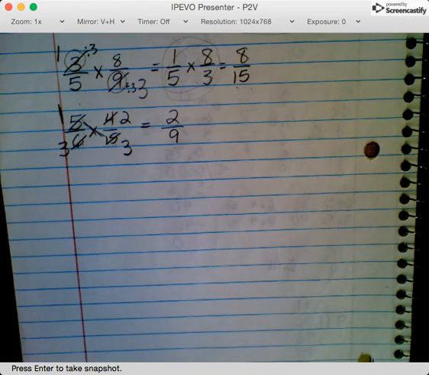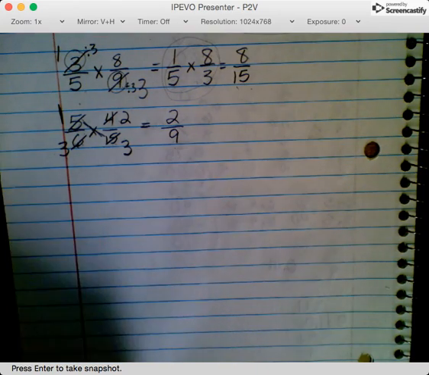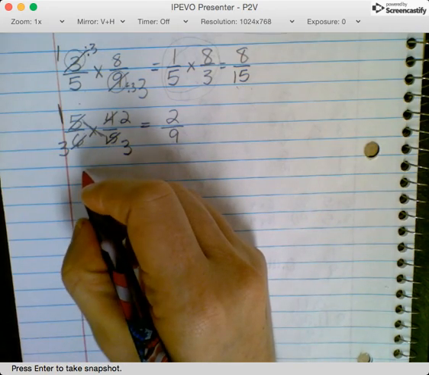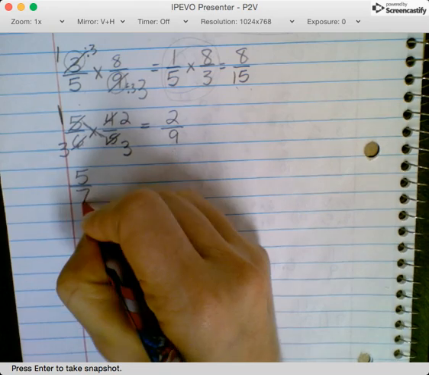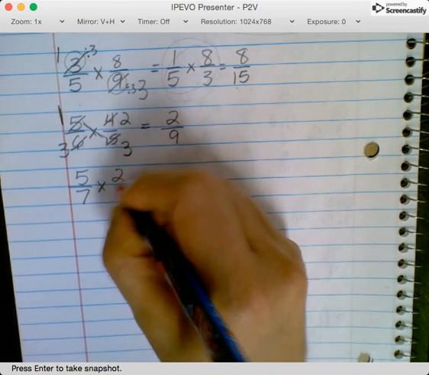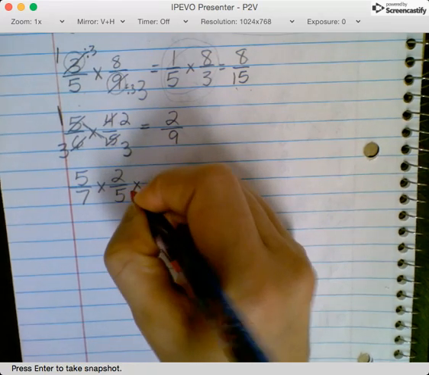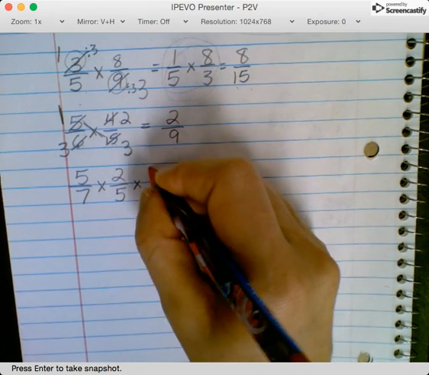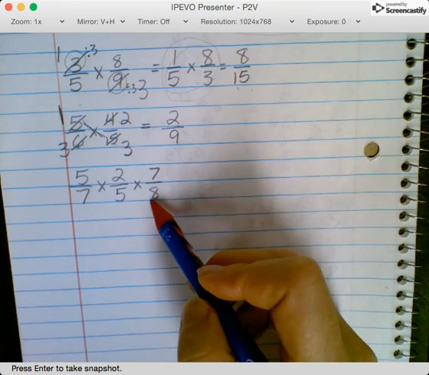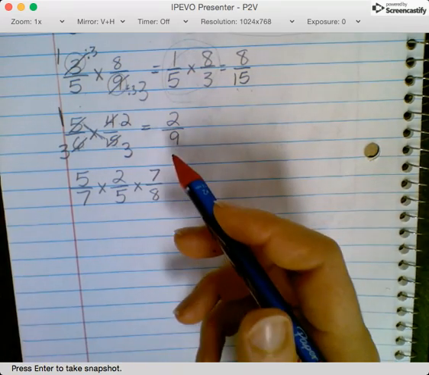Okay, and let me show you one where I have more than one factor to multiply, and then I think that should pretty much cover it. 5/7 times 2/5 times 7/8. So most of the time you won't have 3 different factors to multiply, but I'm just going to show you just in case.